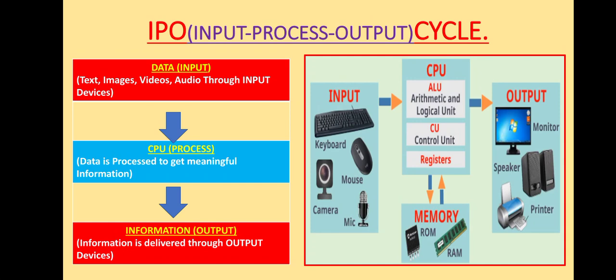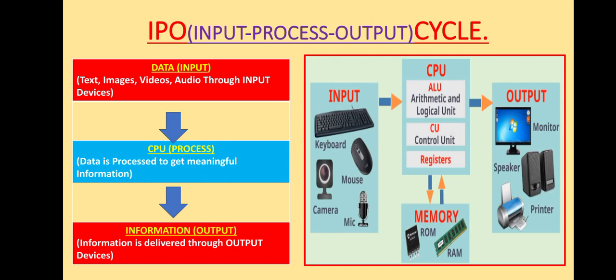This data goes inside the CPU. Inside the CPU, the data is processed to get some meaningful information. After processing of data, this information is given back to the user with the help of output devices.